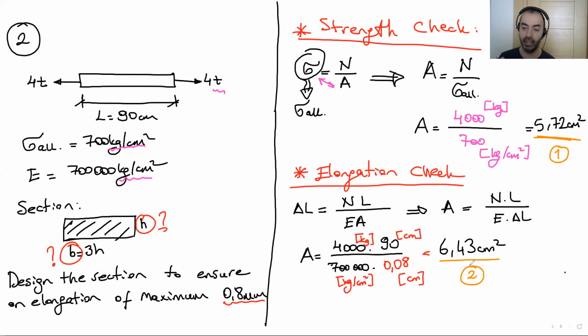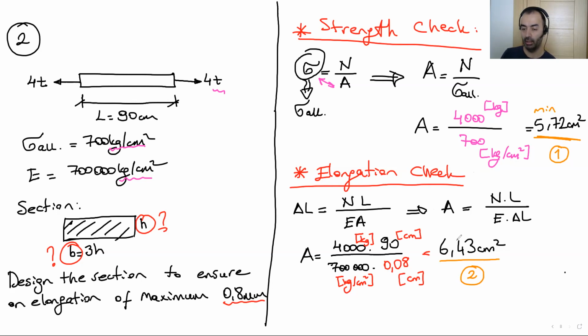The elongation will be longer than our limit. So we have to select one of these areas, but which one is correct? If we select the second area, it also covers the first one, because this is the minimum required area.